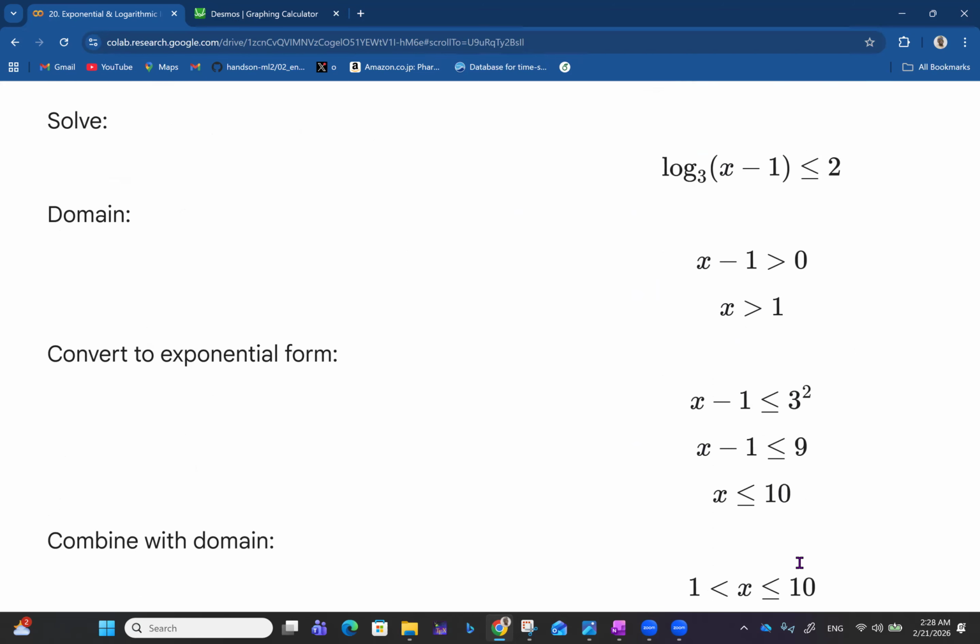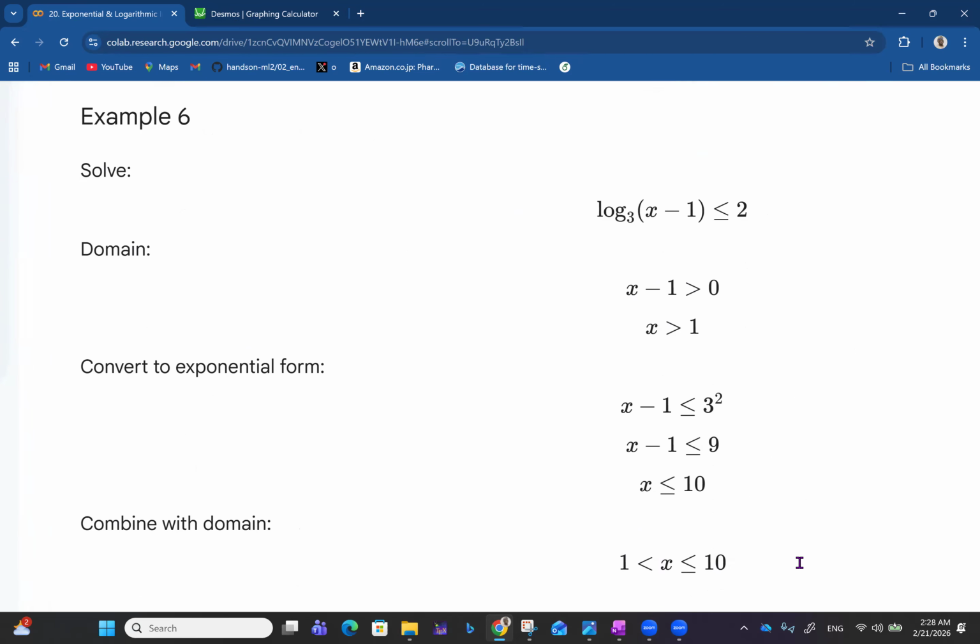For example 6 now, see what happens. We have log of x minus 1 to base 3 less than or equal to 2. To check the domain, x minus 1 should be greater than 0, meaning that x is greater than 1. So we keep that and be sure that anything we get at the end of the day should be greater than 1. So convert to exponential form now. In exponential form, you have x minus 1 is less than or equal to 3 raised to 2.